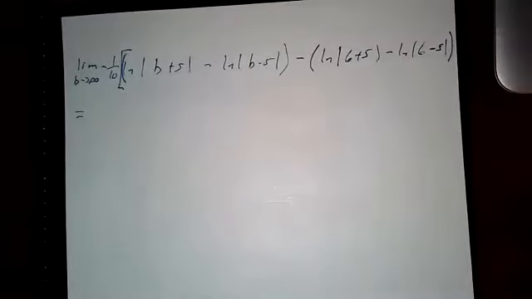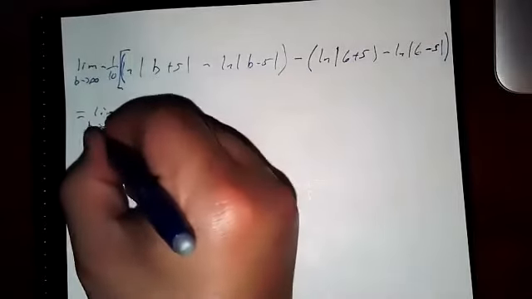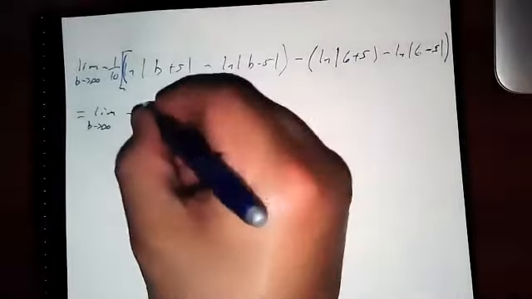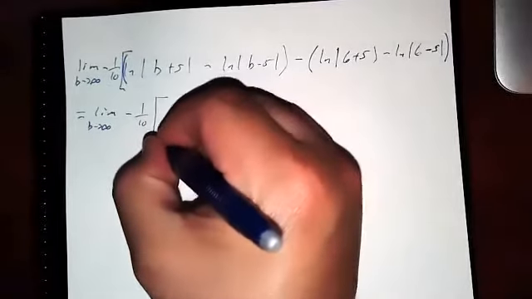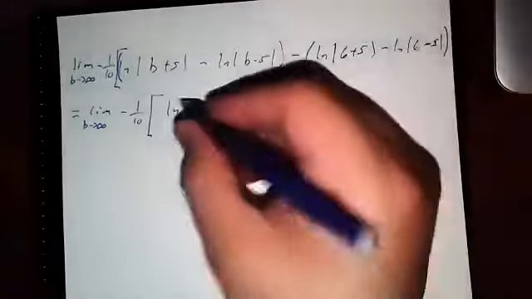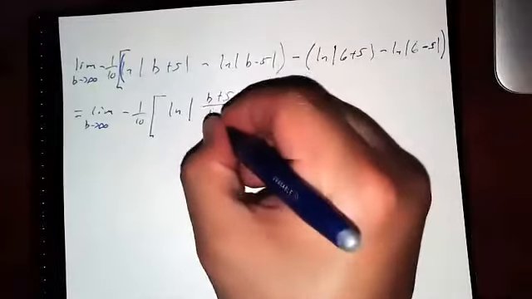So the reason why it's 0, I feel like you might not see it, is because you can combine this log, right? Because it's the same base, meaning I can combine it into one log of b plus 5 over b minus 5, right?